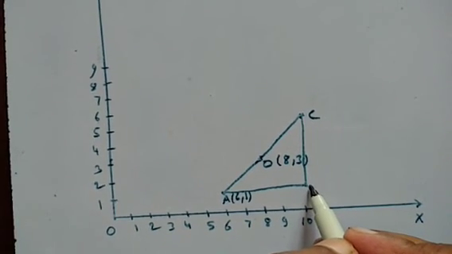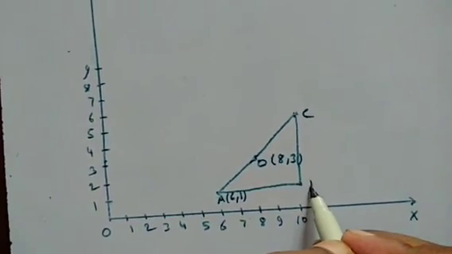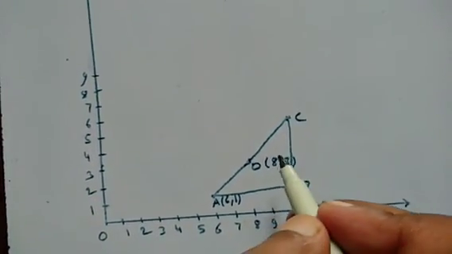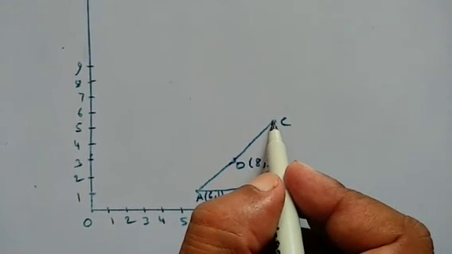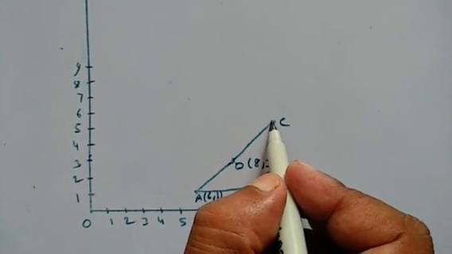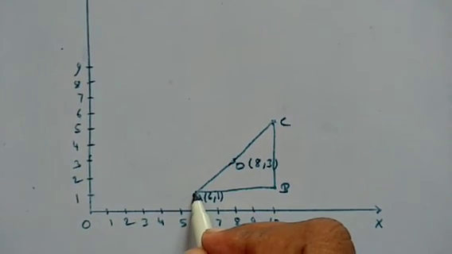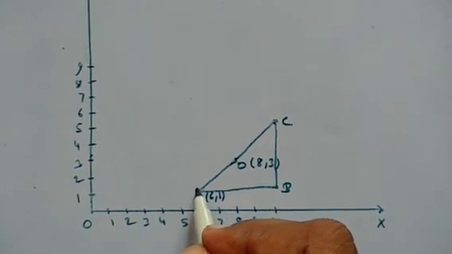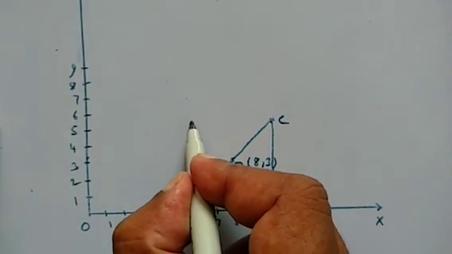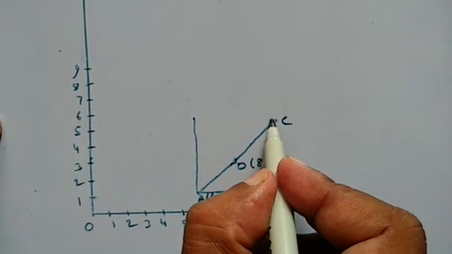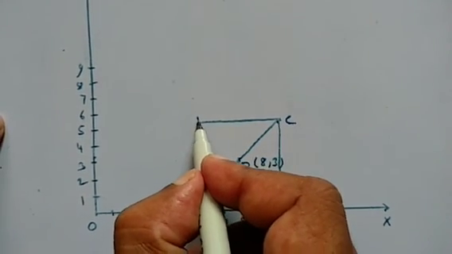This point will be B. After that, similarly, we draw a horizontal perpendicular line from C and a vertical perpendicular line from A. Both lines intersect at this point.